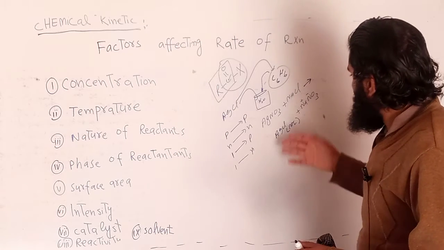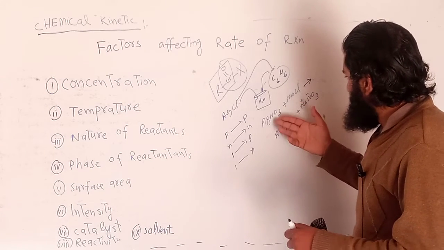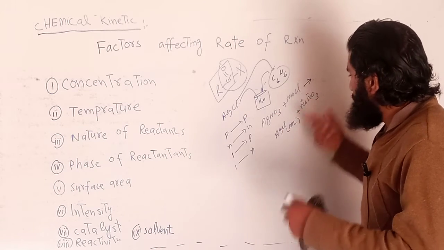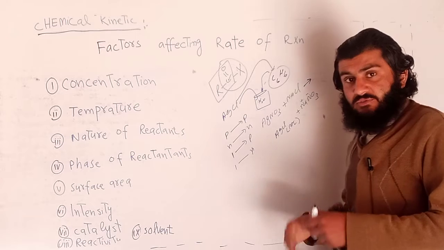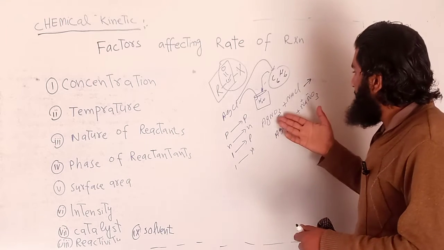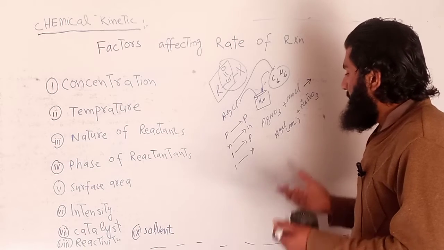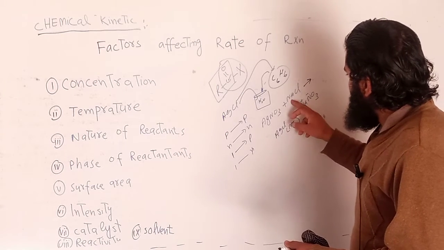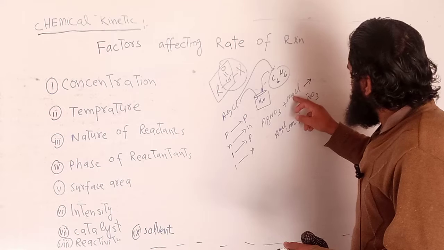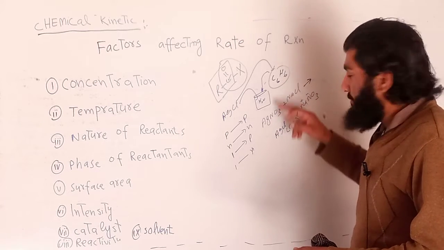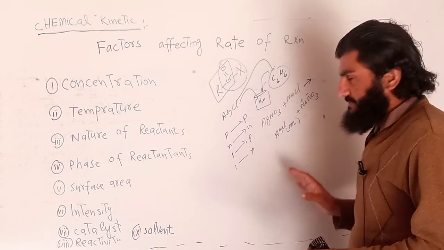It means, if you give attention here, silver nitrate reacts with sodium chloride with very fast speed. So the rate of reaction for such a type of reaction is very high, but sodium chloride or even sodium nitrate does not react with benzene, because they have different nature.